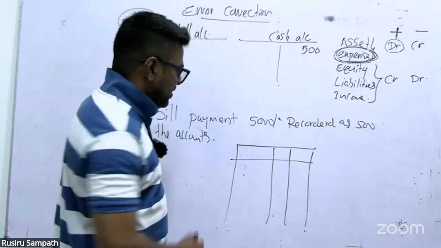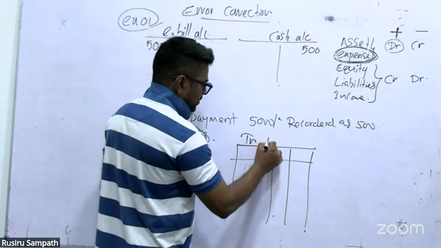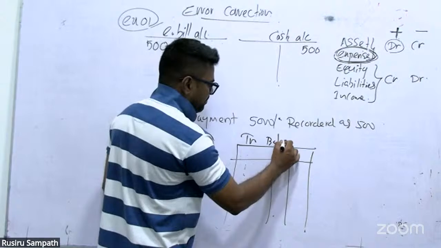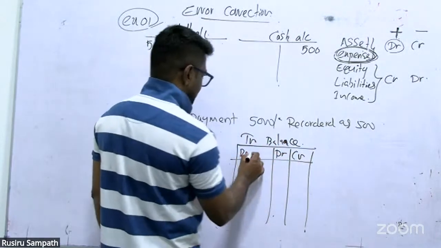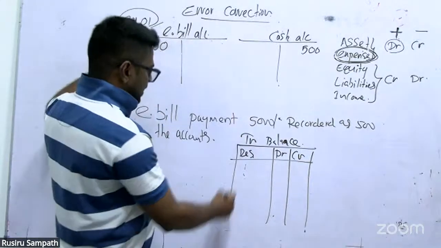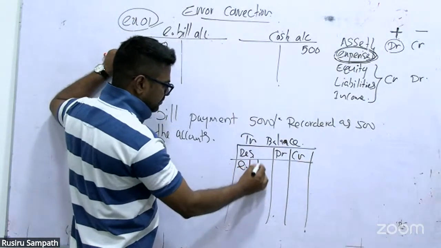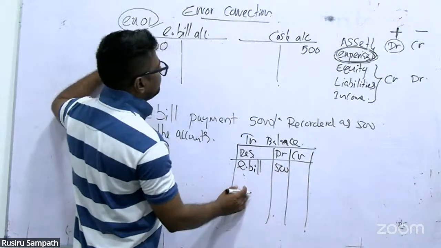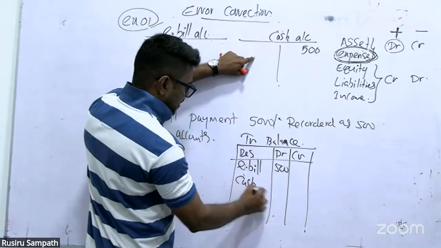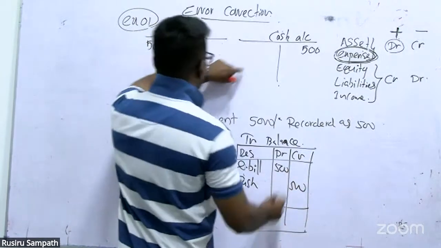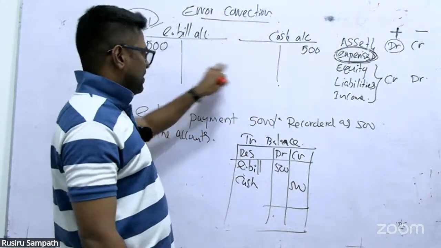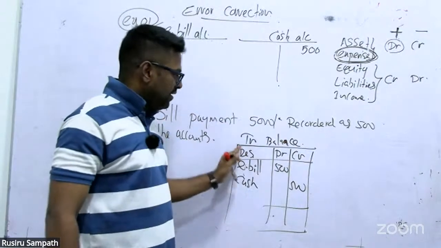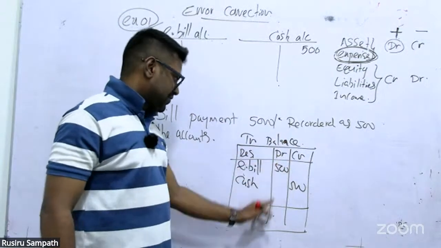Right. Let's see trial balance. Debit column, credit column, descriptions. Now e-bill accounts debit 500, cash account credit 500. You know, recorded in the ledgers and transferred to the trial balance.